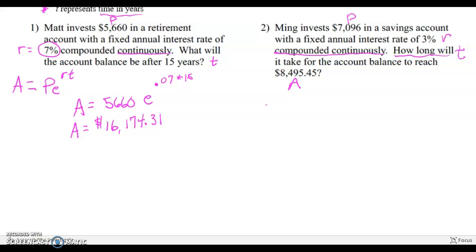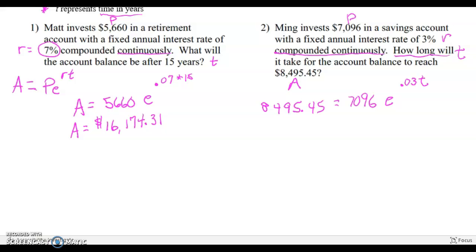So we fill in A, $8,495.45 equals P, $7,096 times e to the rt power. r is 3% as a decimal, that's 0.03, times t. t is what we're trying to find.